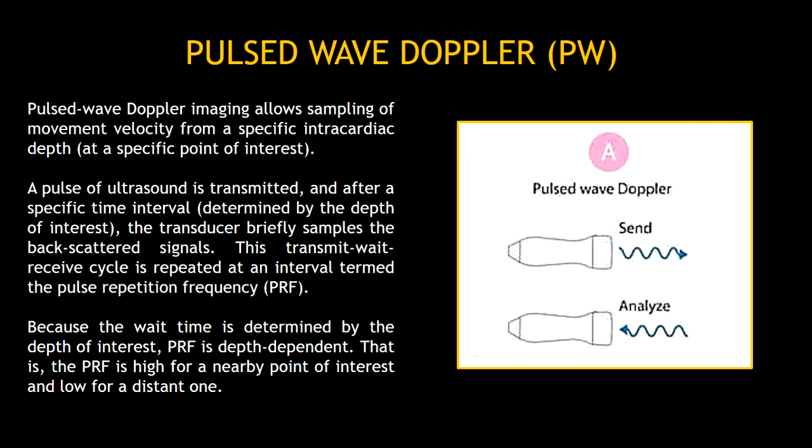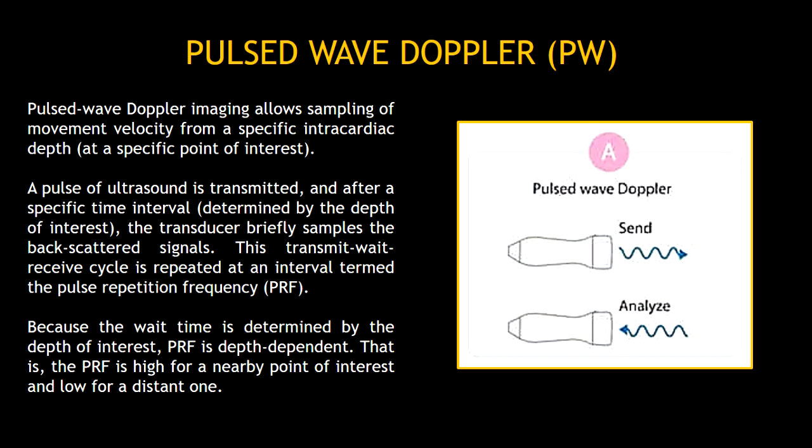Pulse wave Doppler imaging allows sampling from a specific intracardiac depth. A pulse of ultrasound is transmitted, and after a specific time interval, the transducer briefly samples the backscattered signals. This transmit, wait, receive cycle is repeated at an interval termed the pulse repetition frequency.